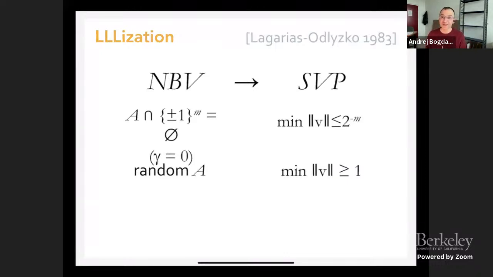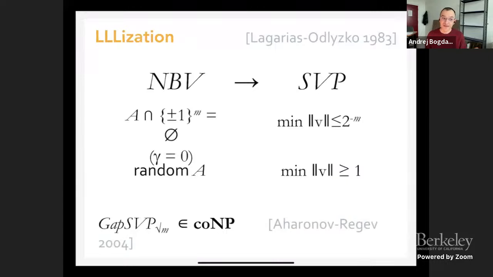So now, being a complexity theorist, you scratch your head and you think, well, we know that SVP with very large approximation factor has a polynomial time algorithm, but actually we know more. We know that even if the approximation factor is small, we still can do something, right? We have certificates. For approximation factor m, they're fairly simple certificates, but if you want to push it, there is again work by Aharonov and Regev, where they showed that even approximation factor square root of m can be certified.